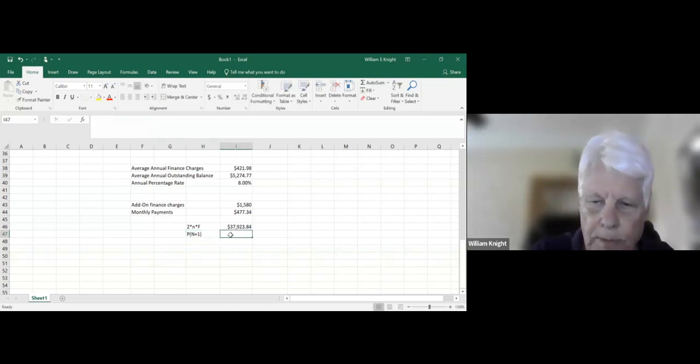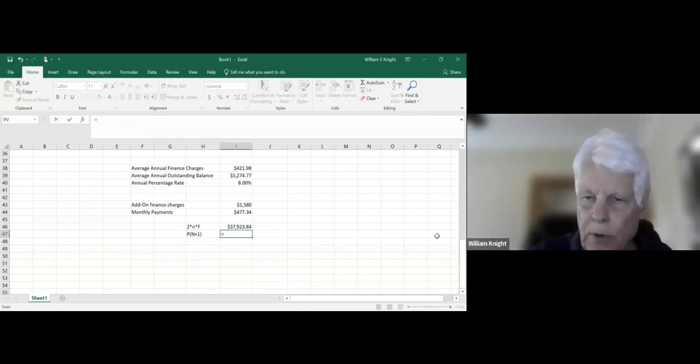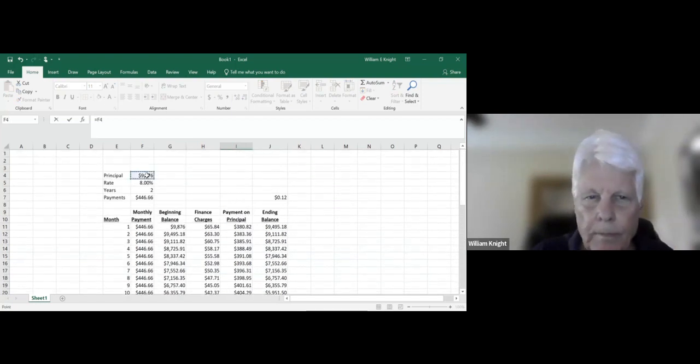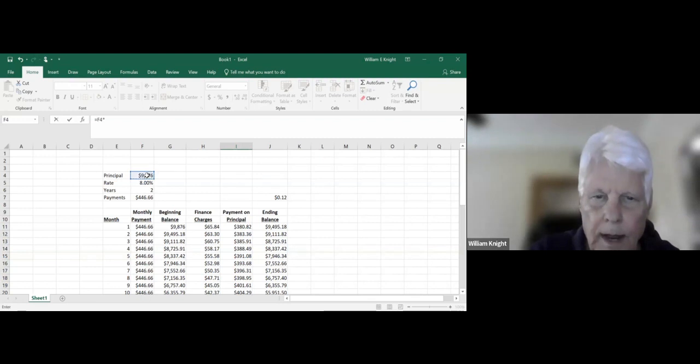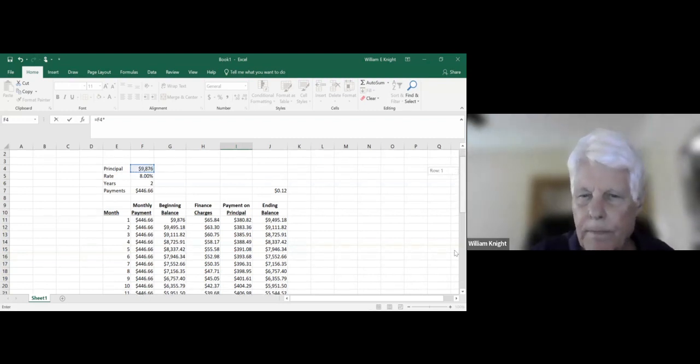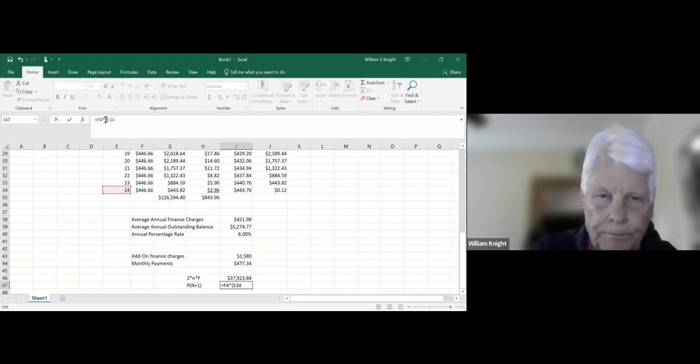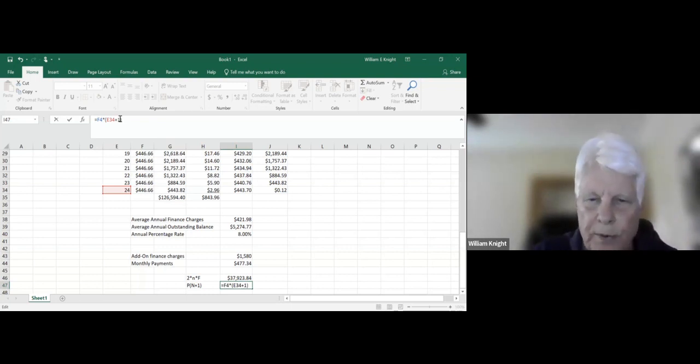So here we have our principal times 24, oops, I'm going to put parentheses there, plus 1. Very important that you get these parentheses correct.